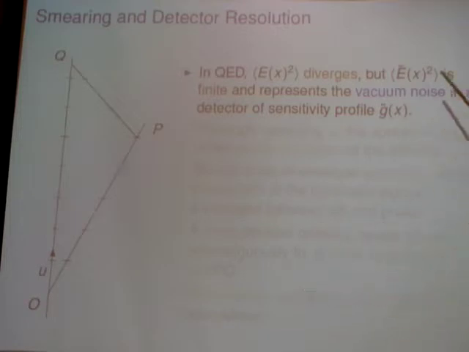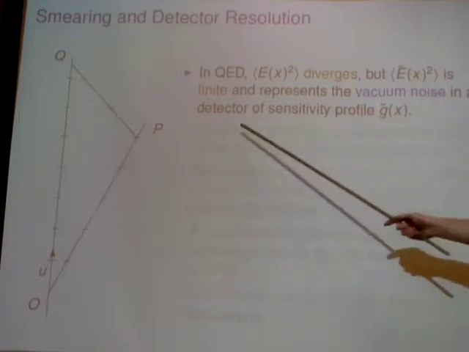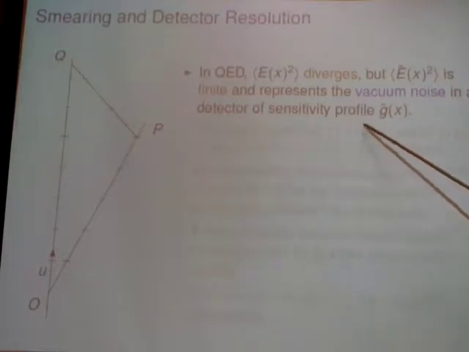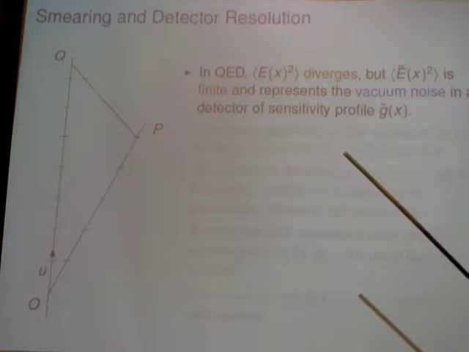Now, what does this number represent? This number corresponds to the variance of the vacuum noise in the electric field, which corresponds to the sensitivity profile of the detector that you use to actually measure it.